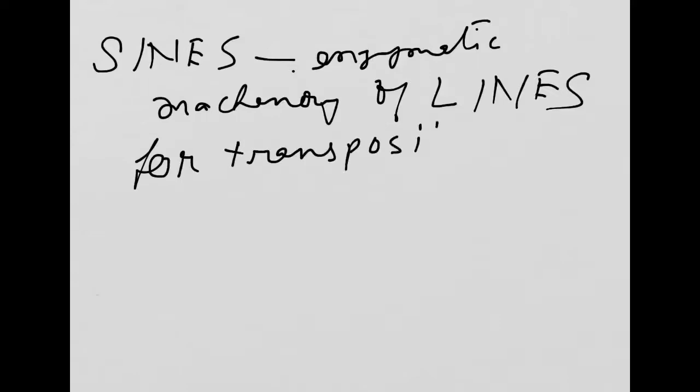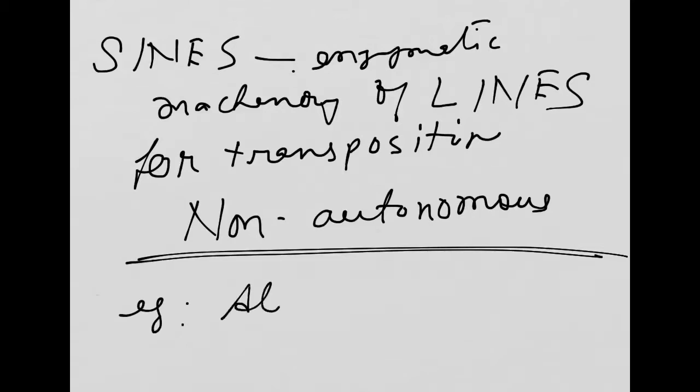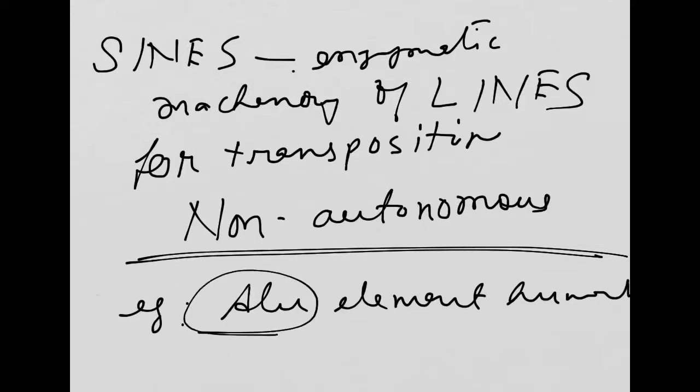SINEs are non-autonomous molecules. They don't have their own transposase enzyme and they are dependent on LINEs for their movement. Examples are ALU elements in the human genome. They are called ALU elements because they have restriction sites for the ALU enzyme.